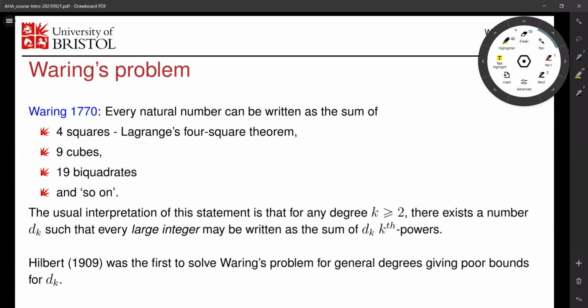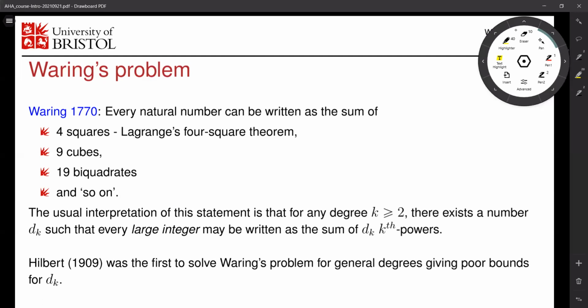Right, so Waring's problem. Waring's problem is actually a really old problem. It's like 350 years old now. And it was really just a hypothesis that Edward Waring, who was somewhere in England, Oxford or Cambridge, presumably, asserted: that you can write every natural number as either the sum of 4 squares or 9 cubes, 19 biquadrats, which is the old term for fourth powers, and so on.